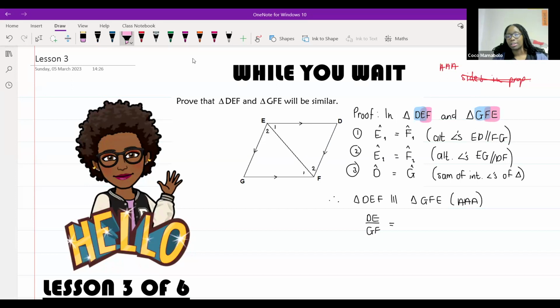EF and FE are the same, so obviously EF over FE must be the same thing. Let's talk about the last pair. I know DF will be in proportion with GE. Good. DF will be in proportion with GE. And this is what we learned about similar triangles in the last lesson that we did on Wednesday.